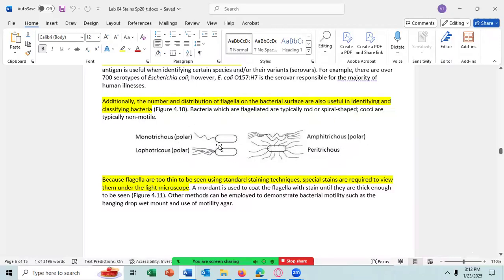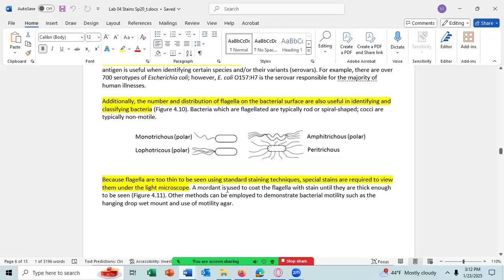You can have one flagella on one end of the cell, and that's called monotrichous. You can have multiple flagella on one end of the cell, and that's called lophotrichous. You can have multiple flagella on both ends of the cell, and that's called amphitrichous. And then you can have flagella all over the cell, and that is called peritrichous.